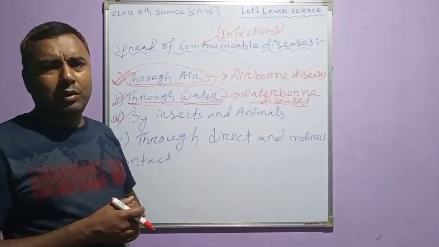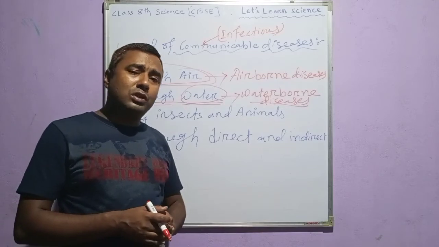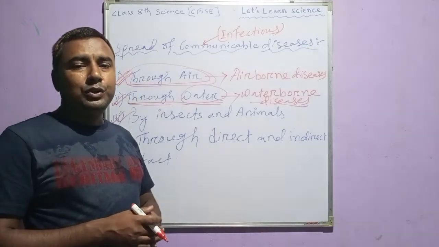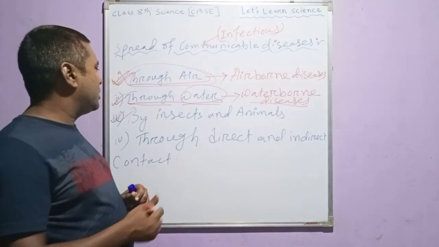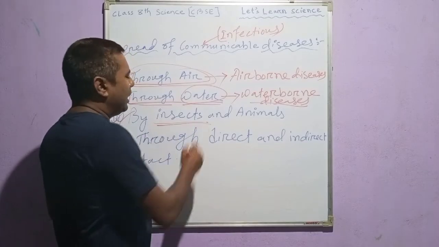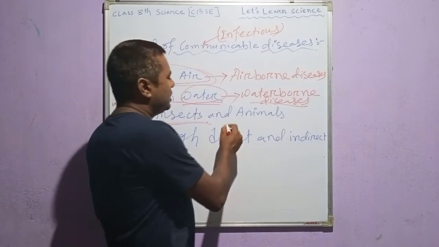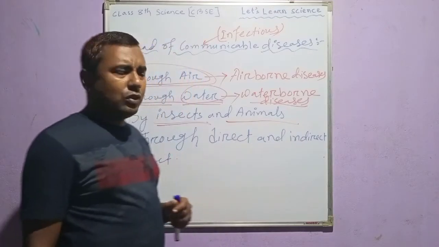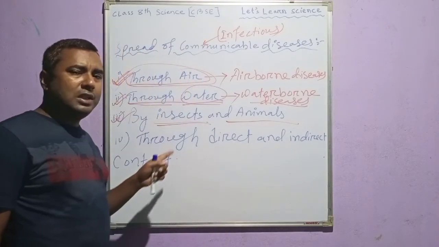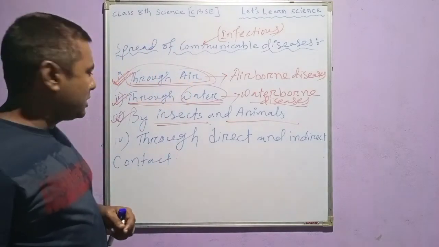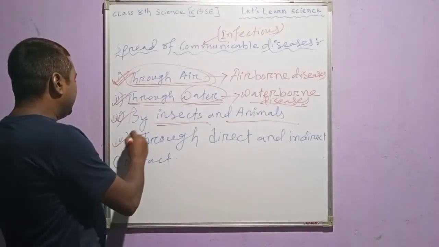As a result, that healthy person will also suffer from malaria. Like this, insects as well as animals help in carrying germs, and they cause diseases in us. So the germs spread by insects as well as animals through direct and indirect contact.